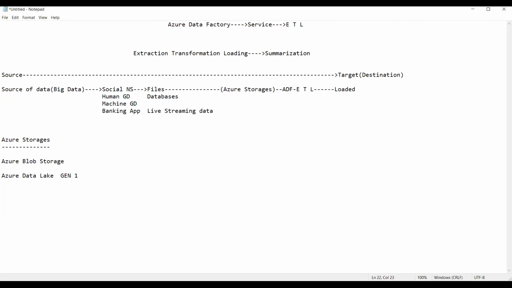Okay, the next one, what is it? Azure Data Lake Gen 2. Very good. Now, guys, Gen 1 is going to retire in 2024, hence it is not in use.